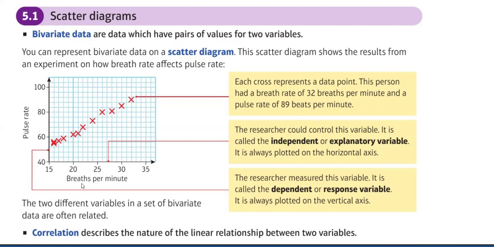As an example, breaths per minute and pulse rate. On the x-axis, one variable, it is the independent one. On the y-axis, the other variable, it is the dependent one.